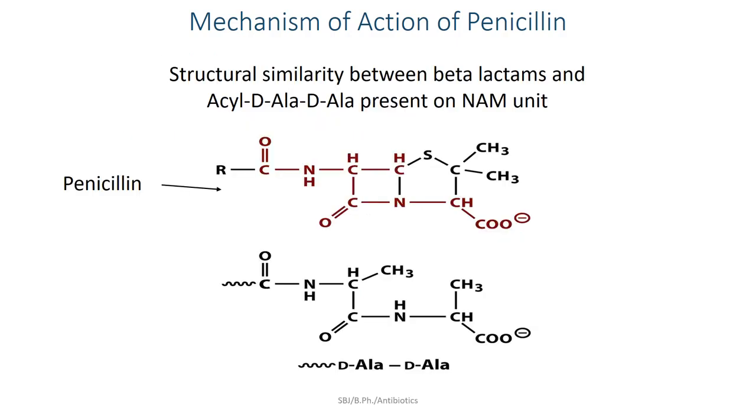Here, you can see what we have been talking about, the similarity between the beta-lactams and the D-alanine structure, which is part of peptidoglycan cross-linking. Penicillin mimics the acyl D-alanine. But interestingly, 6-methylpenicillin, which is a close analog, is inactive.